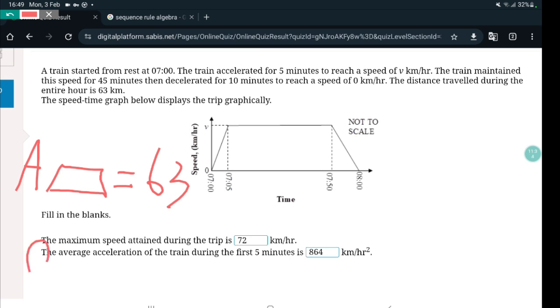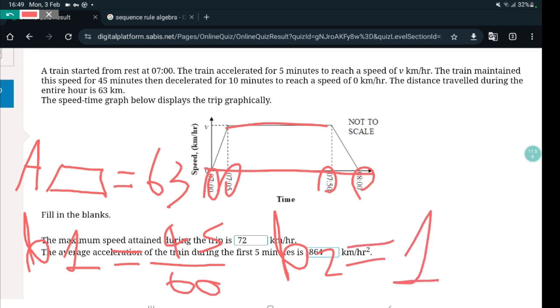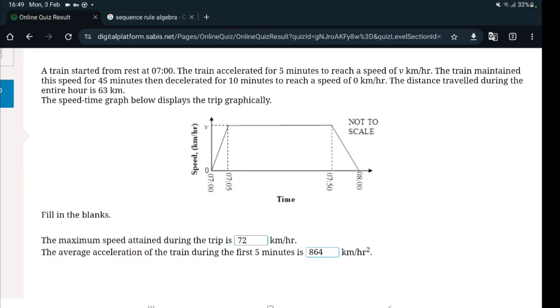We have base 1, which is equal to 45 over 60, and base 2, which is 1 hour. Now, since we have all the values, we can use them for substitution. So for the area, we reuse this rule, I'll just write it here so all of us can see.